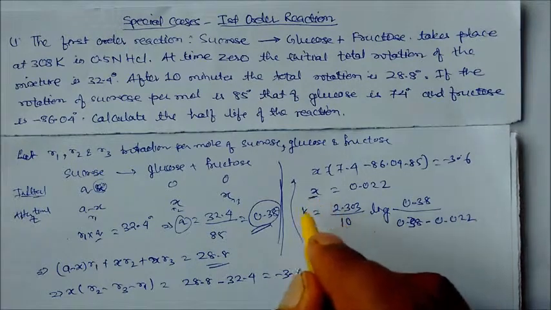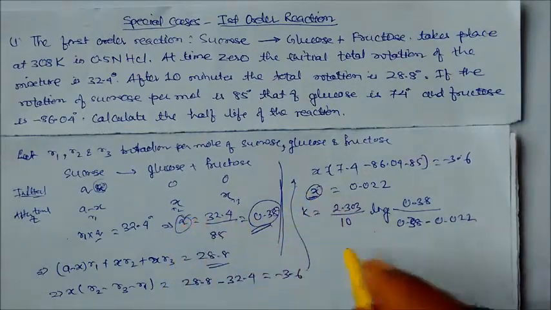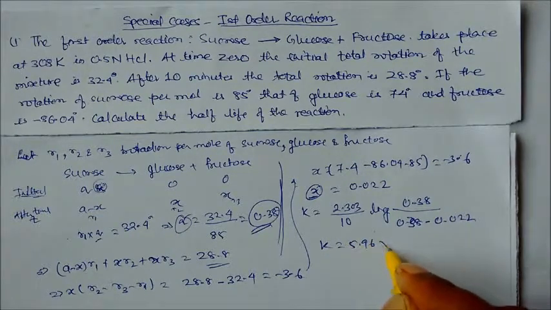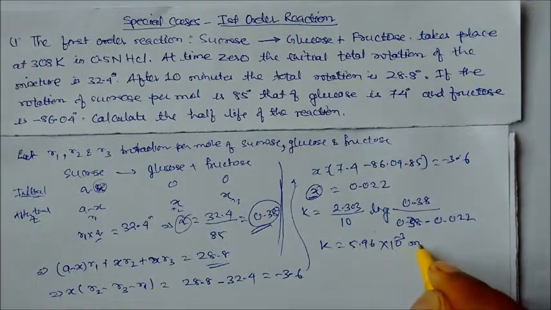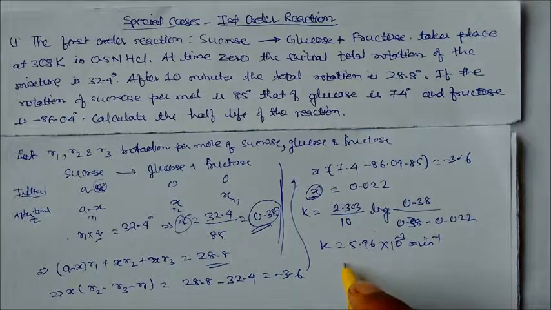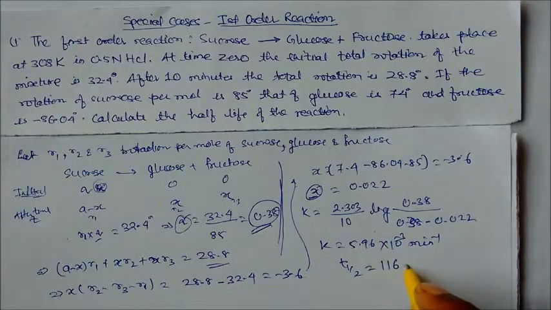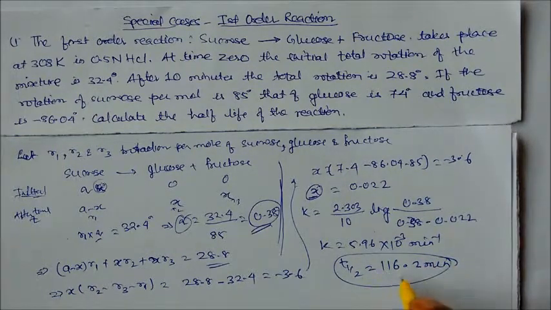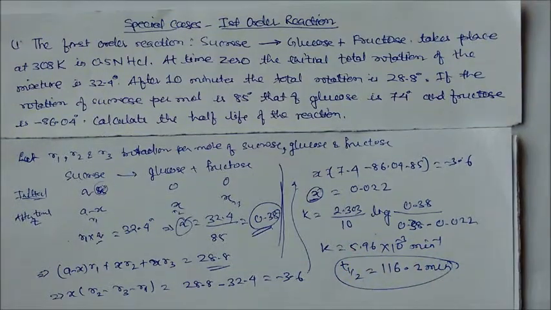So this is the A value and this is the x value. On solving we will get k is equal to 5.96 into 10 power minus 3 per minute, and half life will be 116.2 minutes, that is 0.693 divided by this value.